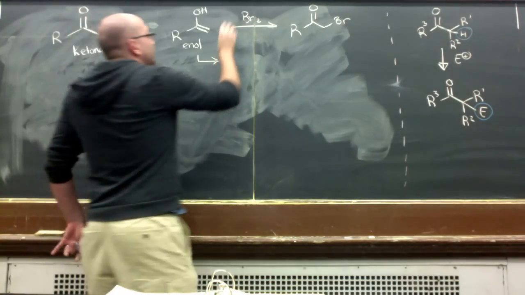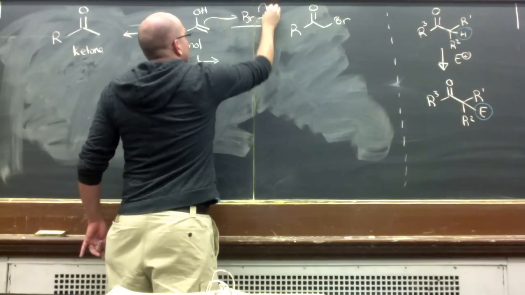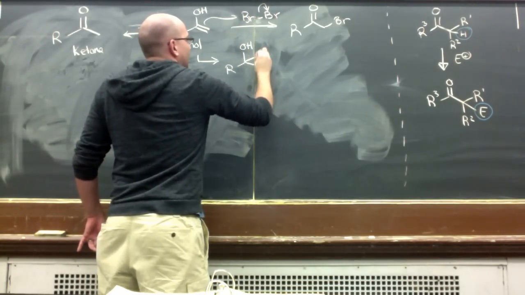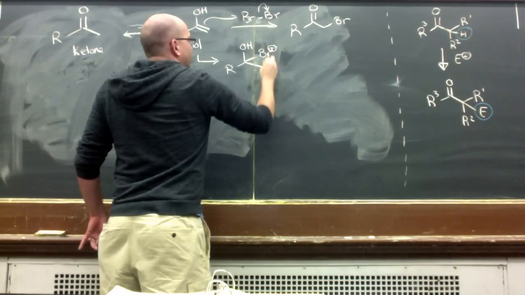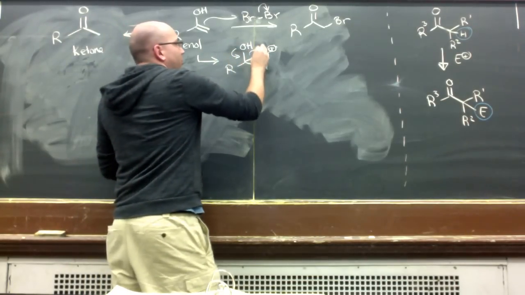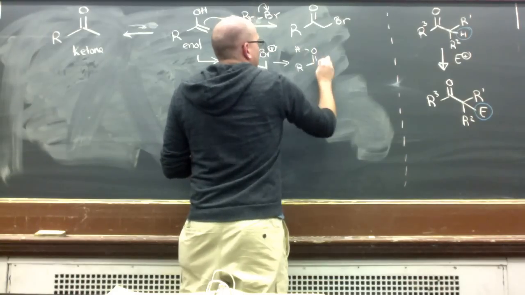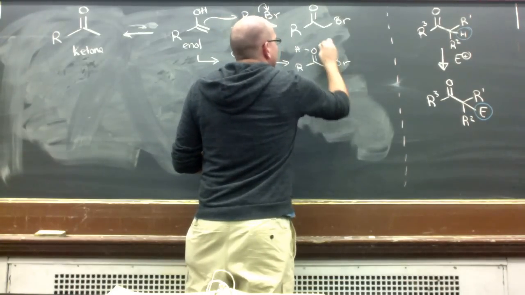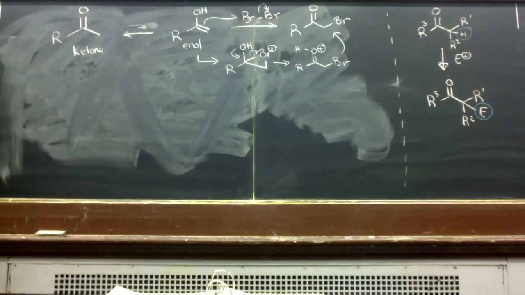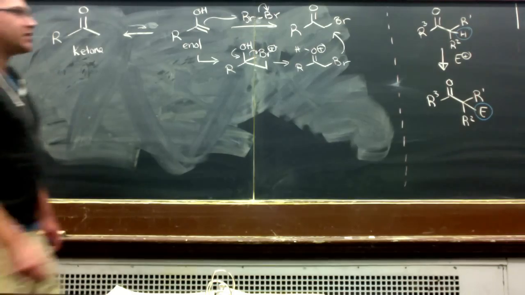And so we can draw it as that bromonium, for example, and obviously at this point it's going to open up. Then perhaps the bromide will come to deprotonate that, or something will, and get to the alpha bromo ketone in this case.